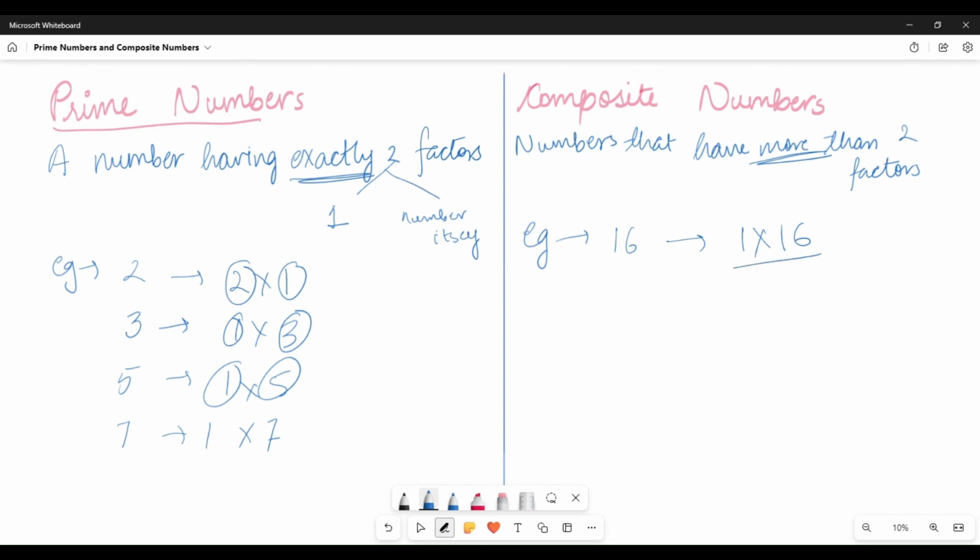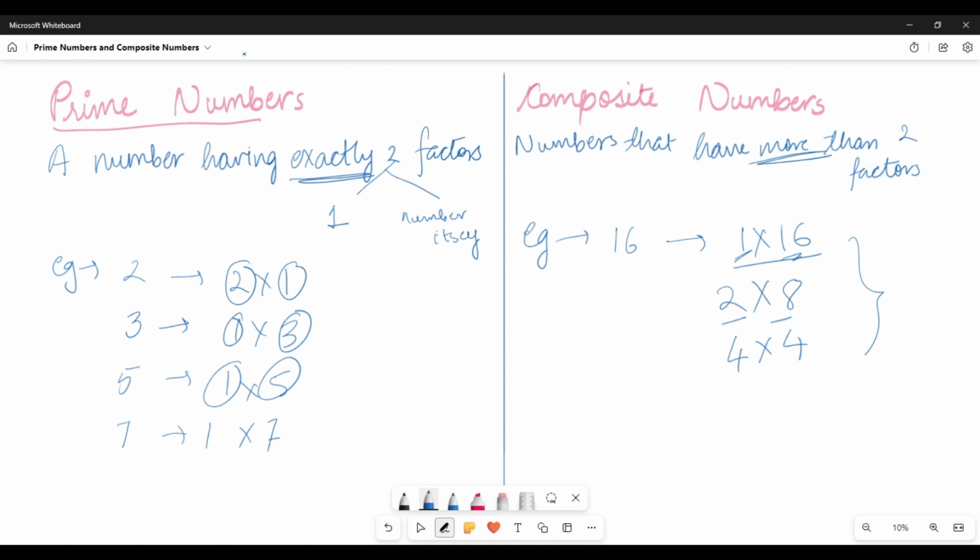So that's why it's not a prime number. It's a composite number because there are multiple ways of writing 16. We have more than two factors other than just 1 and 16. We can write it as 2 times 8. So 2 times 8 is also 16. 4 times 4 is also 16. So therefore 16 is a composite number.